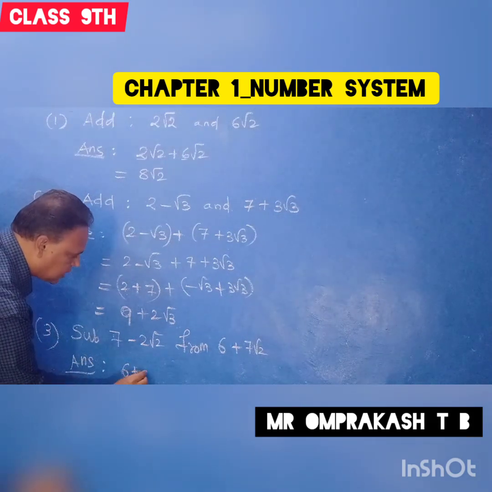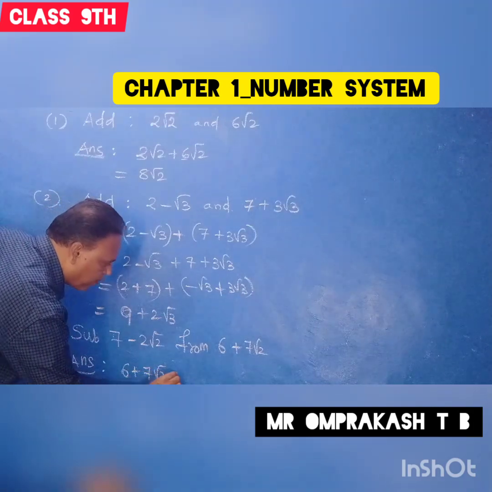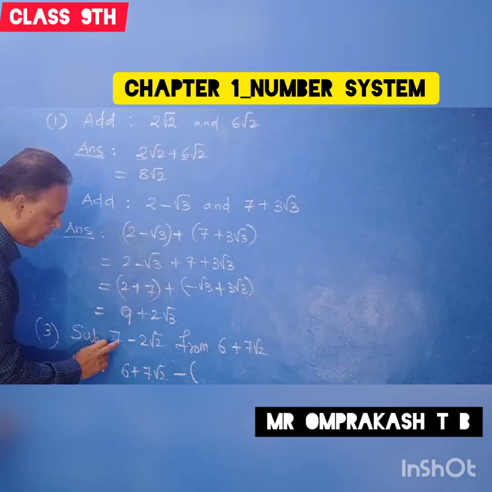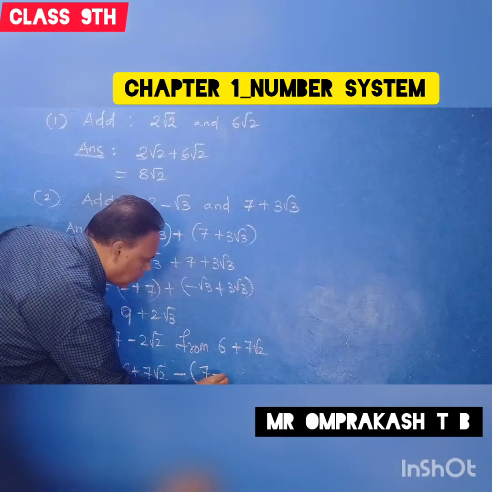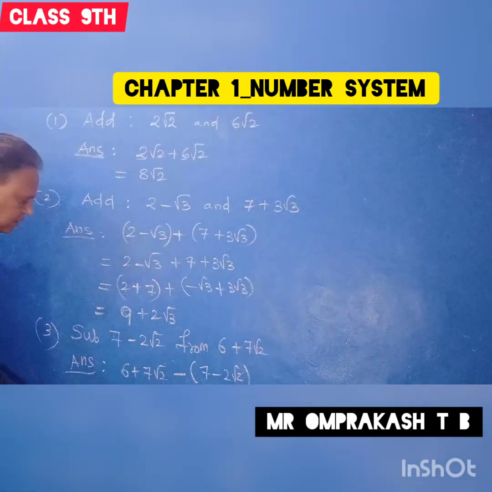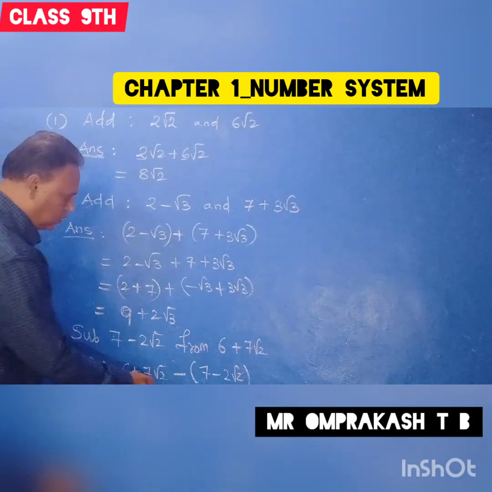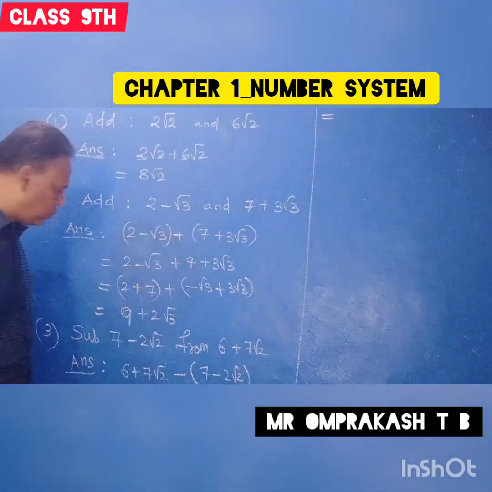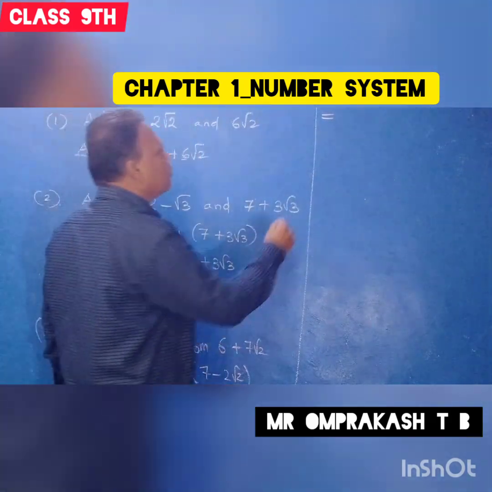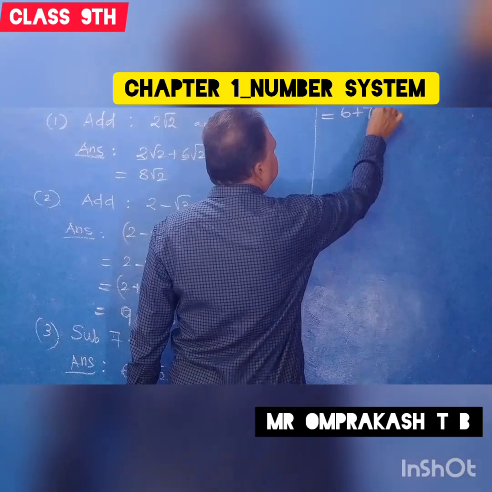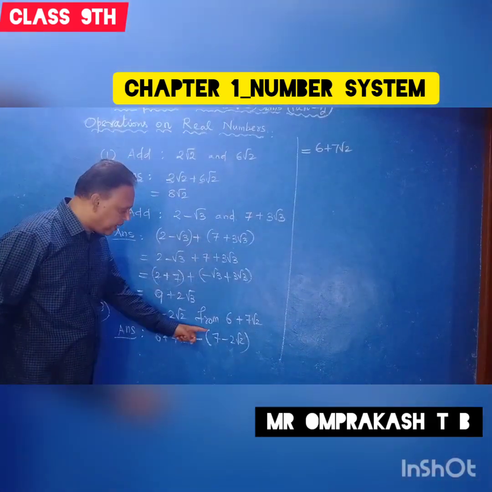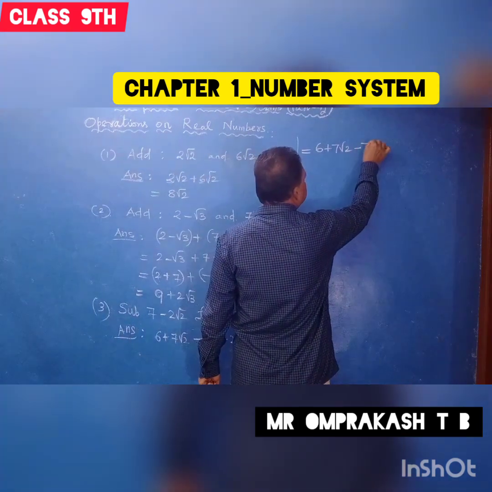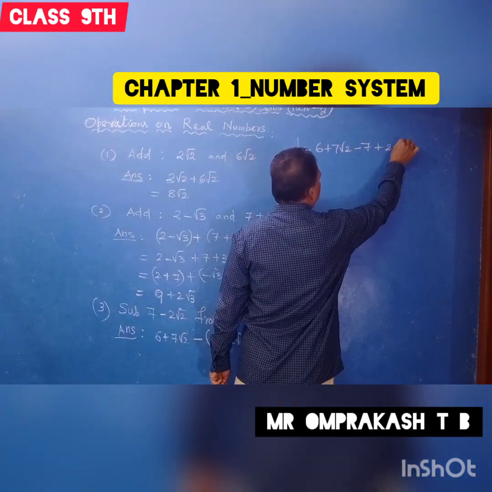So 6 plus 7 root 2 minus, subtract means minus, 7 minus 2 root 2. That is equal to 6 plus 7 root 2 minus 7 minus of minus plus 2 root 2.